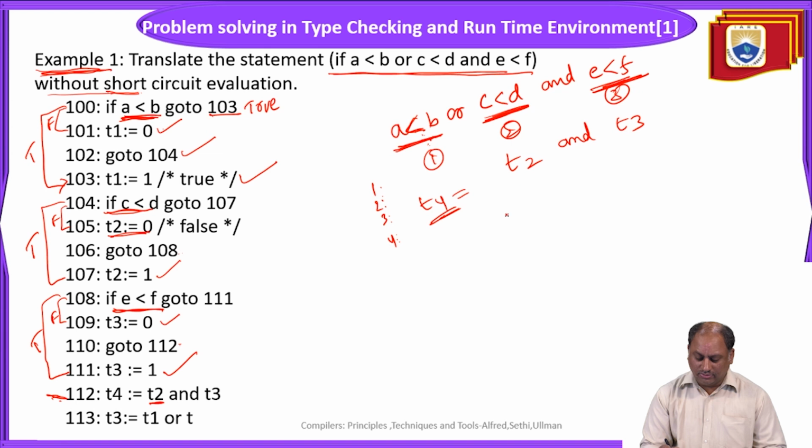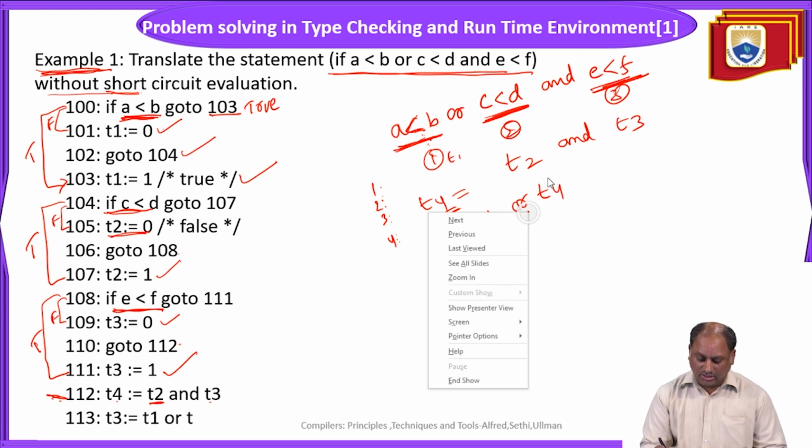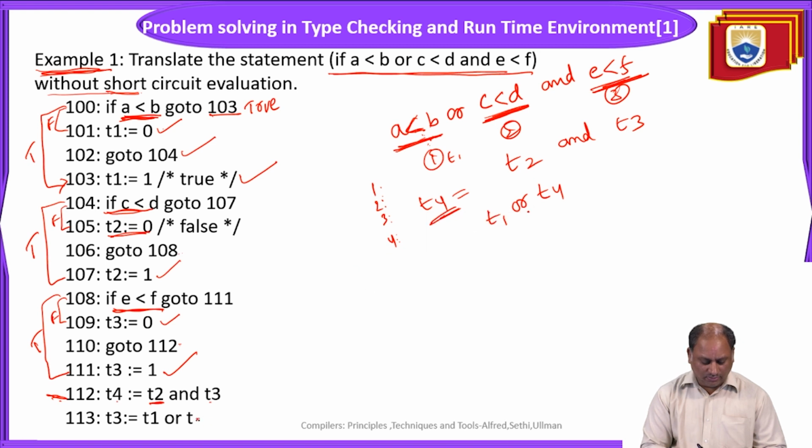Now, the previous one is T1. So, that is T1 or T4, which is to be evaluated. T4 is T1 or T4. Then the entire result is assigned to some other temporary, say T.